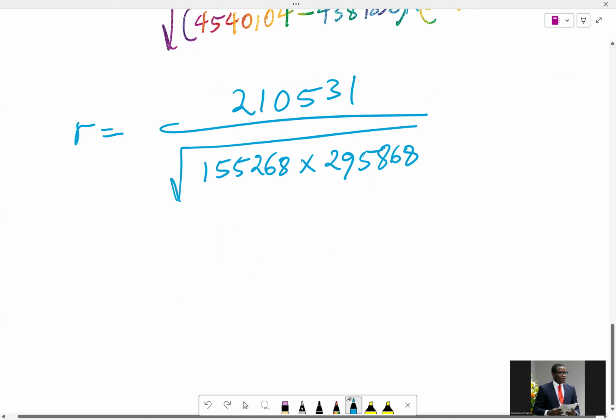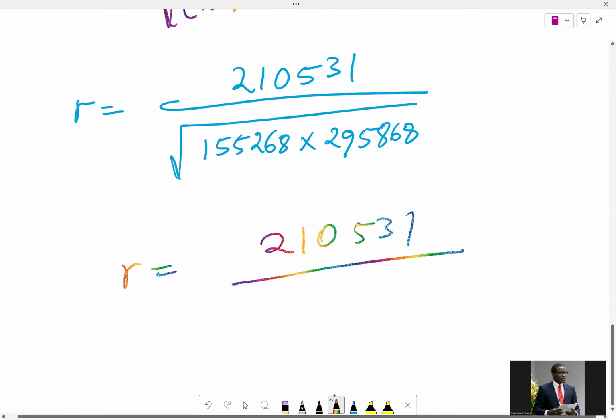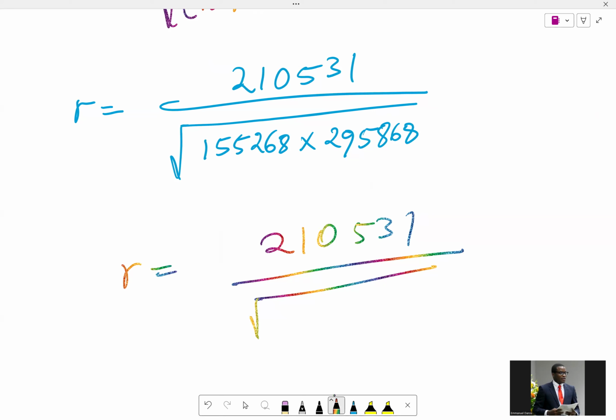R now is equal to 210,531 divided by square root of, so we multiply that out again. Should we multiply out? Okay, let me try. If it's too long, I'll just take the square root directly. So that's 155,268 times 295,868. This is going to be really long. Okay, not too long.